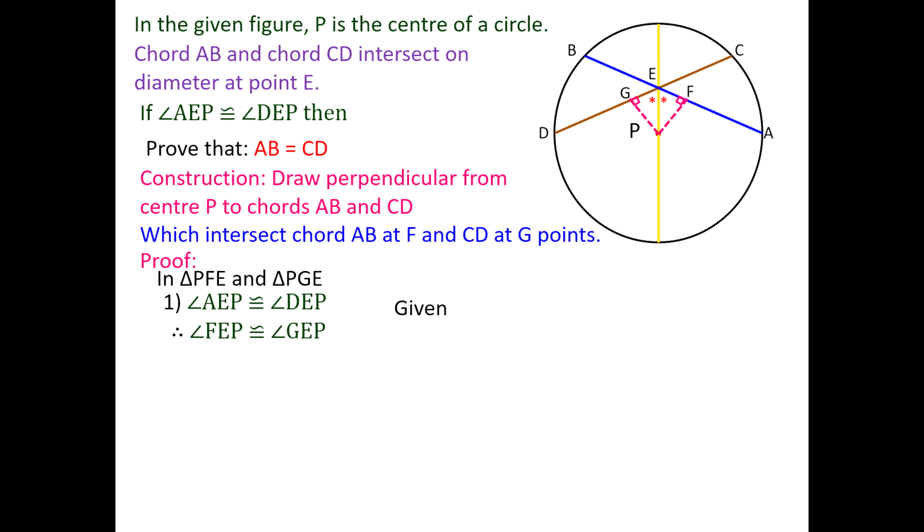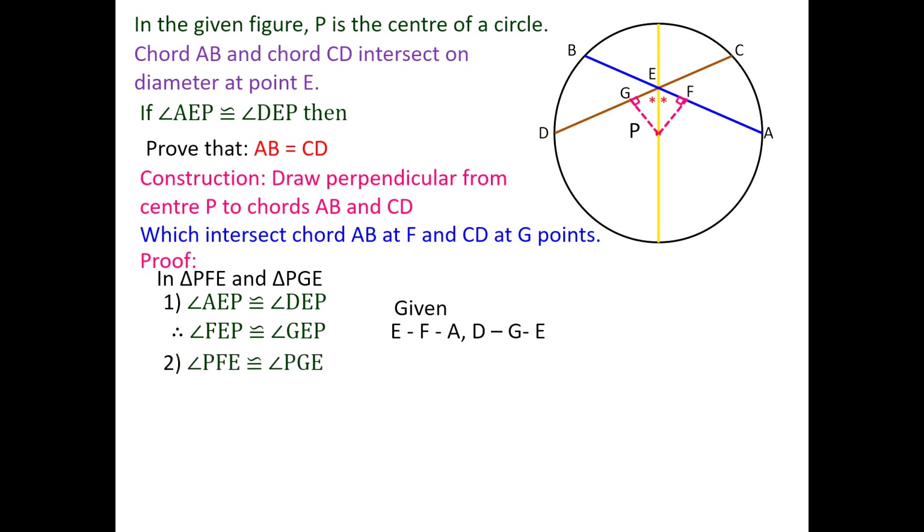Why we can write so? Because points E, F, A are collinear. So it means AEP angle can be written as FEP also. Similarly, DEP can be written as GEP also.